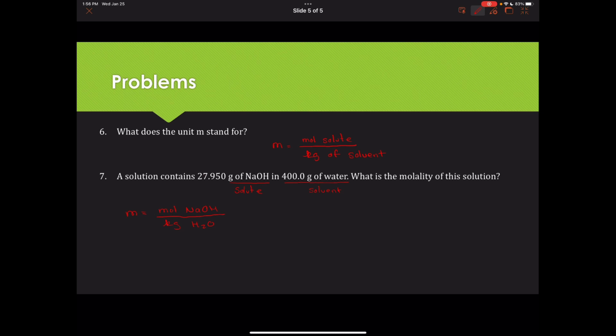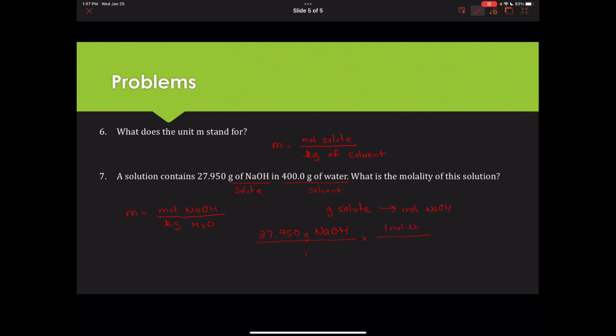Looking at the information, we have the mass of the solute, so we're going to take that solute grams and convert it to moles. My 27.950 grams of sodium hydroxide. I set up my molar mass. My molar mass of sodium hydroxide is 40 grams per mole.